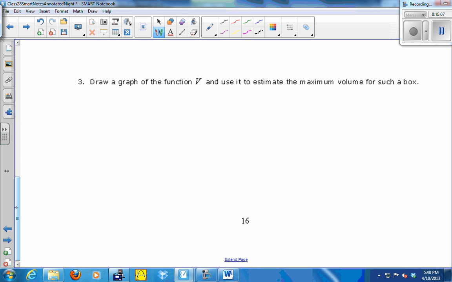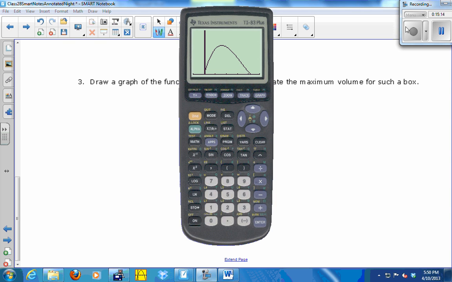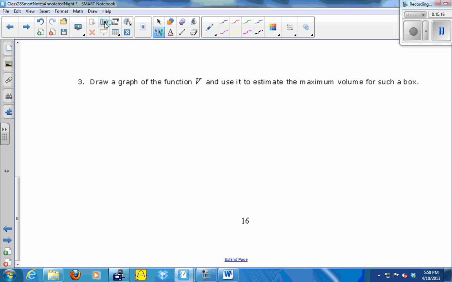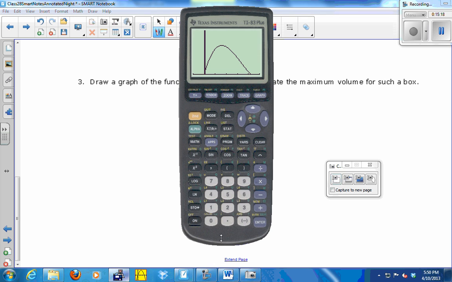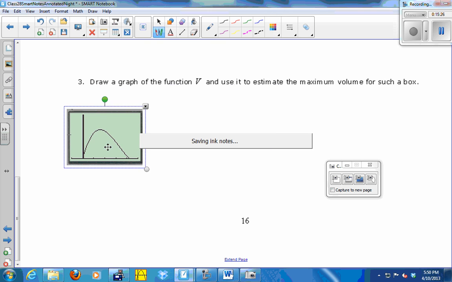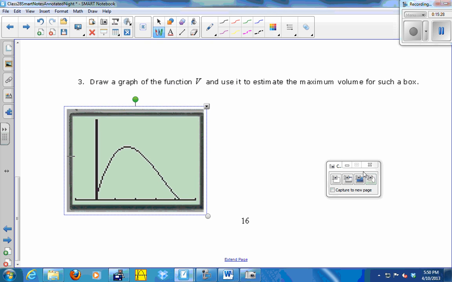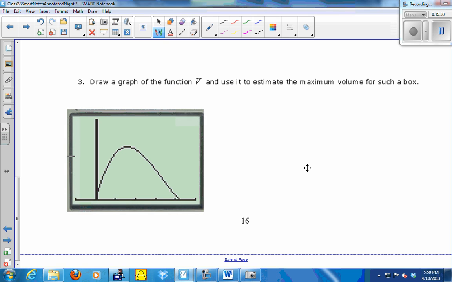All right, so now I want to draw a graph of the function V. So I'll just use my graphing calculator to do that. Okay, so I can't actually, this isn't a quadratic, right?